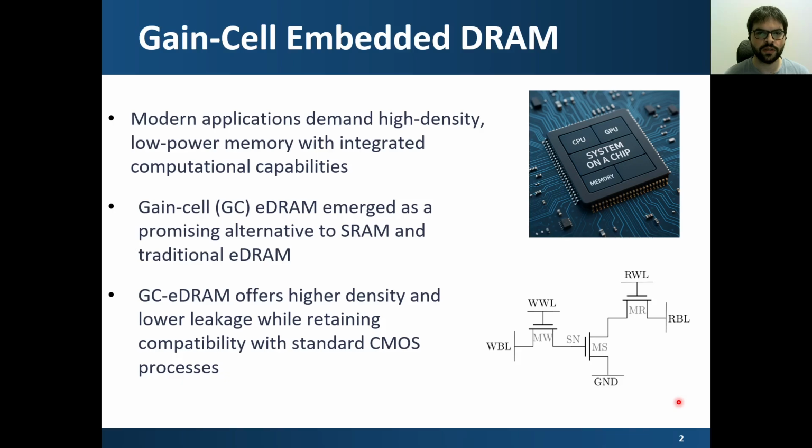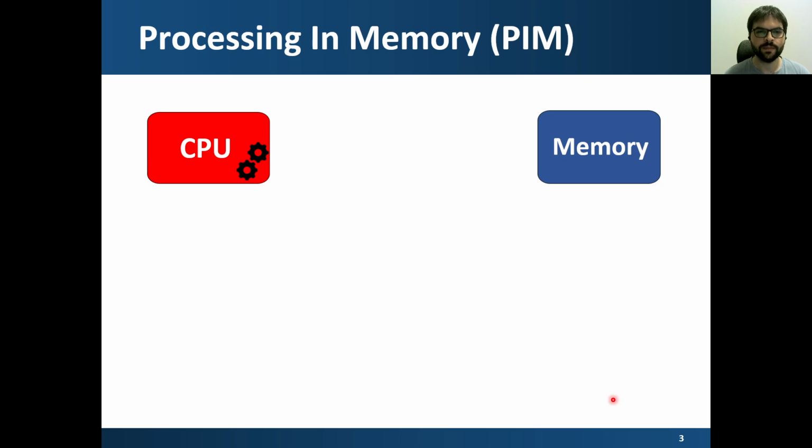So I talked about integrated computational capabilities inside of the memory, and this is to improve the performance of some applications. Here we use a concept for that called processing in memory. The idea in processing in memory is we have a CPU and a memory.